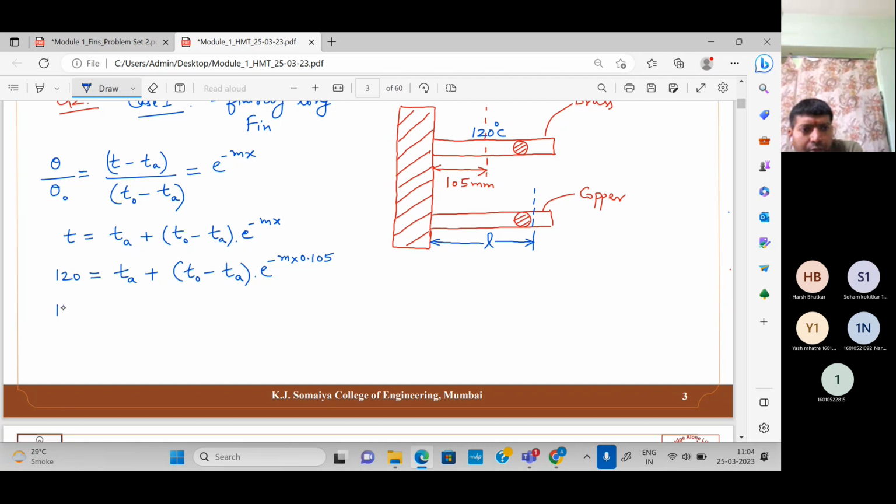So the temperature is the same, and we'll write 120 is equal to Ta plus T naught minus Ta into e to the power of m into L, because we have assumed that L is the distance at which the same temperature would be reached in the copper rod.